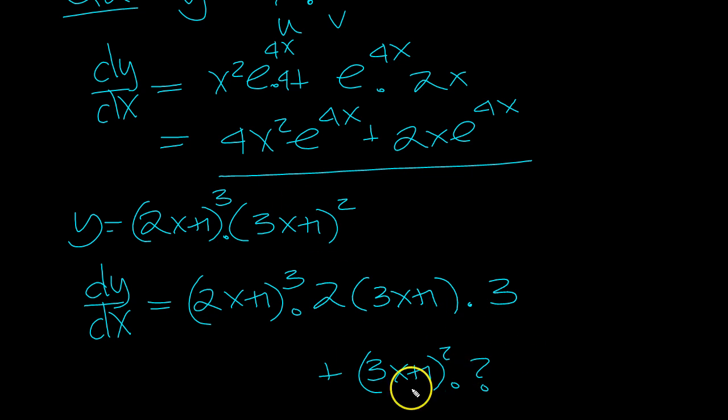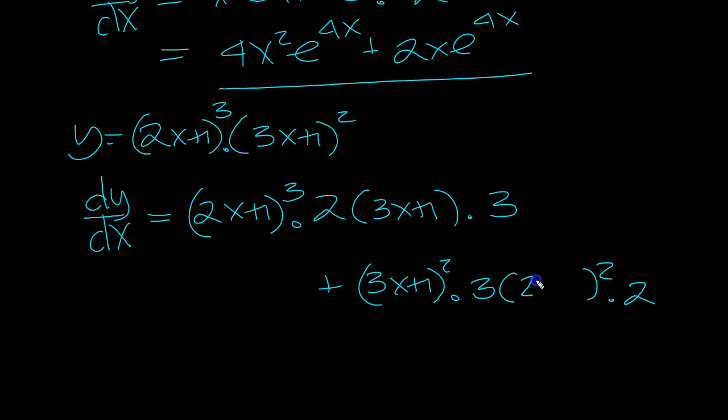And then it's plus v, wasn't it, times du. Something cubed, u cubed, that would differentiate to 3u squared multiplied by du dx, which is the something differentiated too. And that was 2x plus 1, wasn't it? So what have we got?